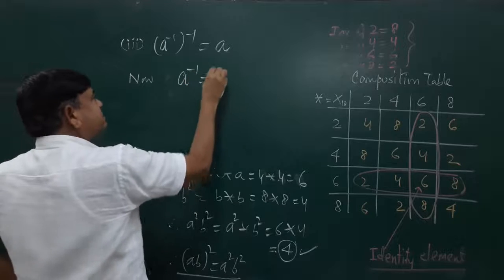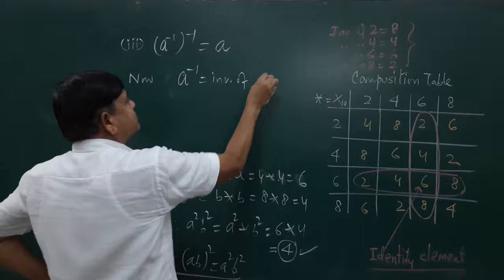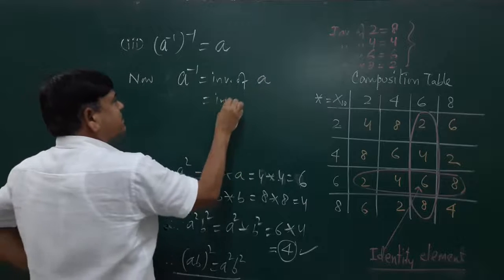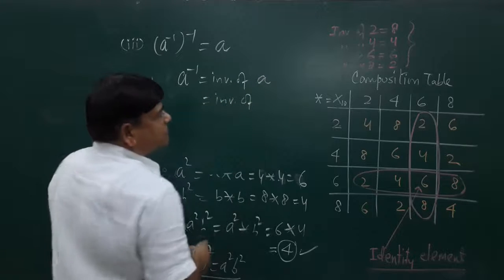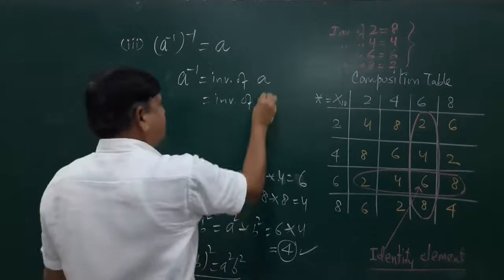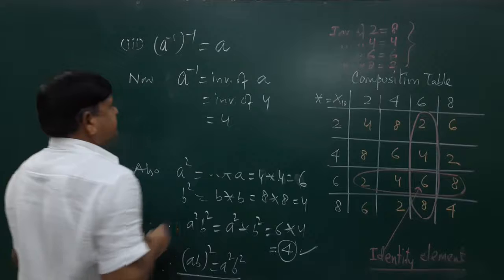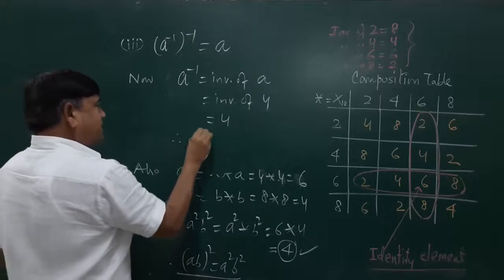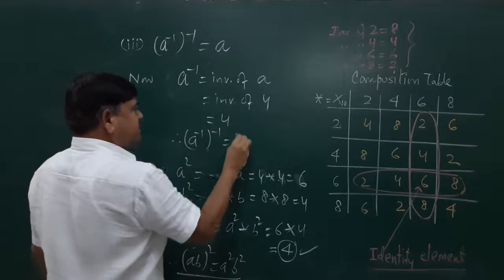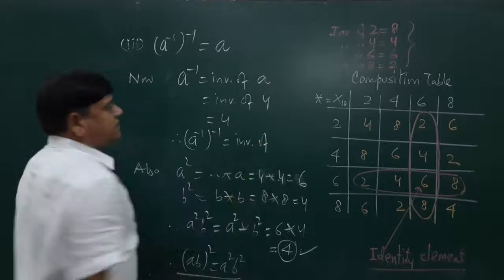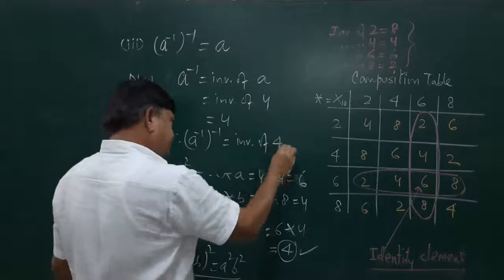A inverse means the inverse of A, that is the inverse of A is 4, and the inverse of 4 is 4. Therefore (A inverse) inverse means the inverse of 4.